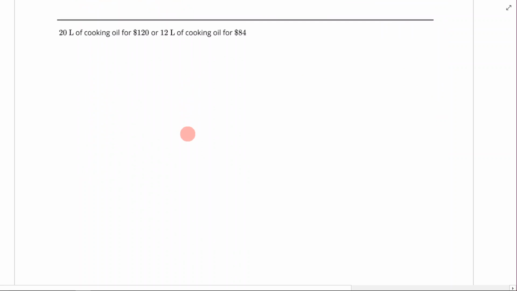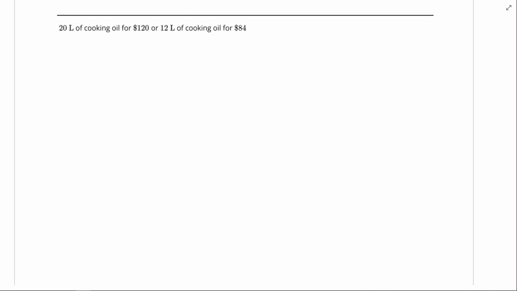All right, let's scroll down. Let's do another question here. Again, this one's a little different. I have 20 liters of cooking oil for $120, or 12 liters of cooking oil for $84. So I've got $120 for 20 liters.